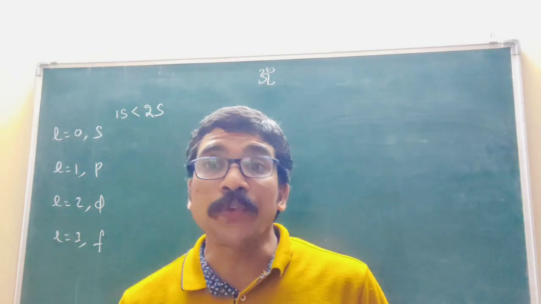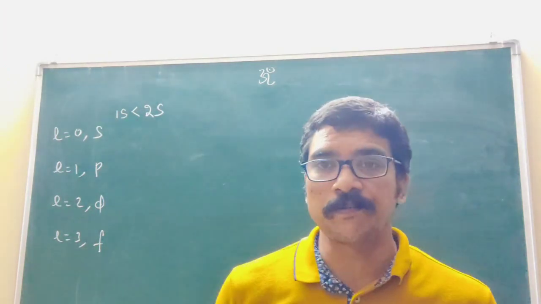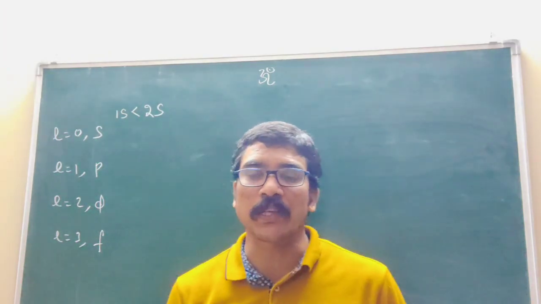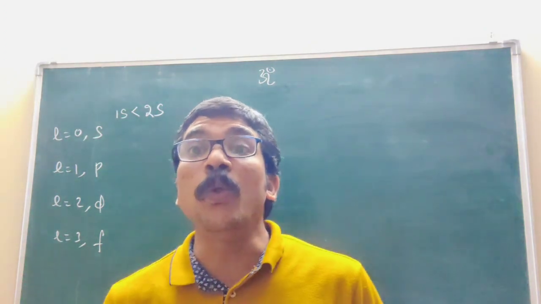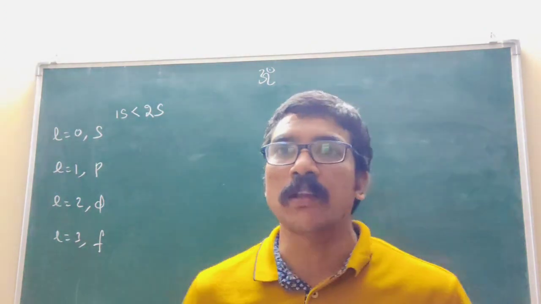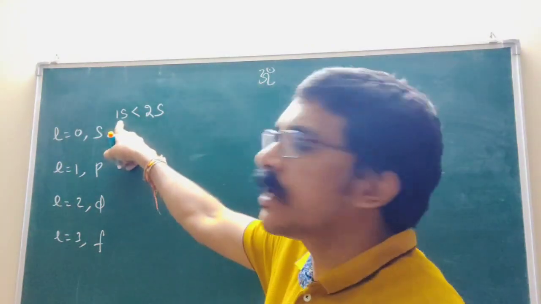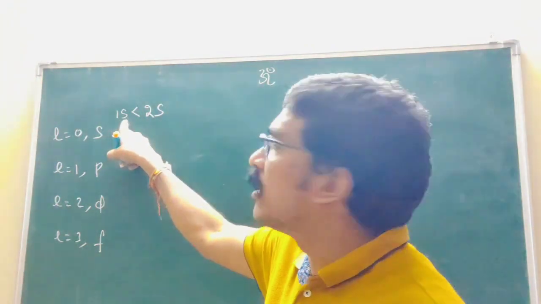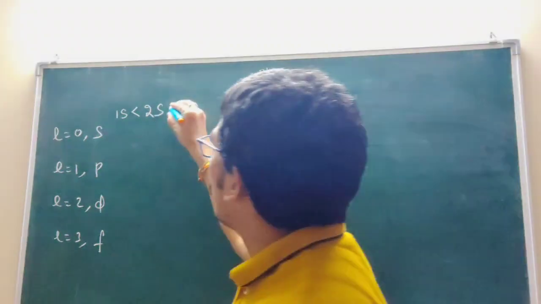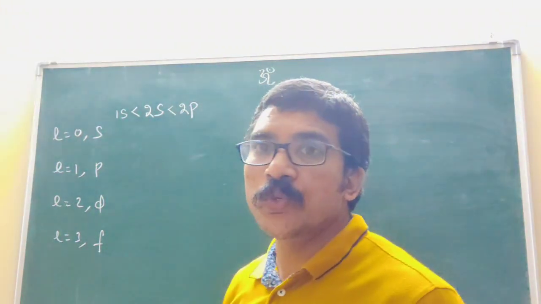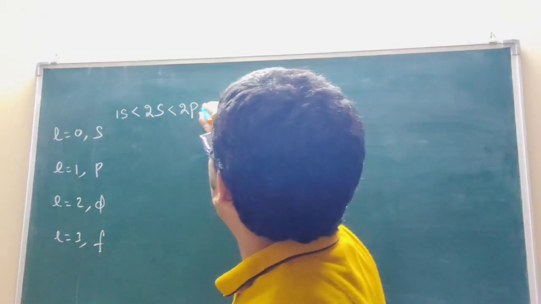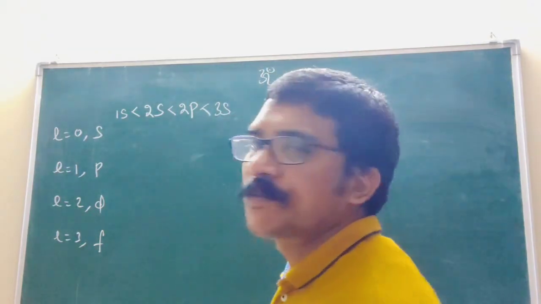Suppose the n plus l values are equal, then the electron enters into the lower n value subshell. For example, n plus l value 1 plus 0 is 1, 2 plus 0 is 2, then the electron enters 2s, completes it, then 2p, and then 3s.